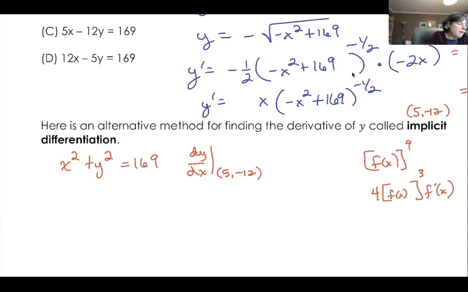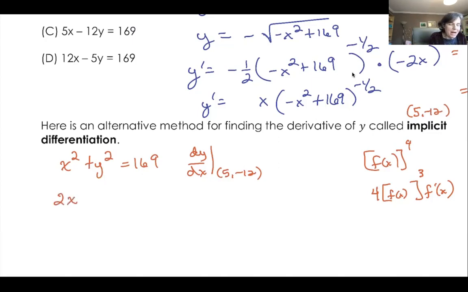Instead of writing f of x, for some function of x, I'm using y. y is nothing more than a function of x. We're used to that idea. So the derivative of x squared, when you're taking the derivative with respect to x, is just 2x.